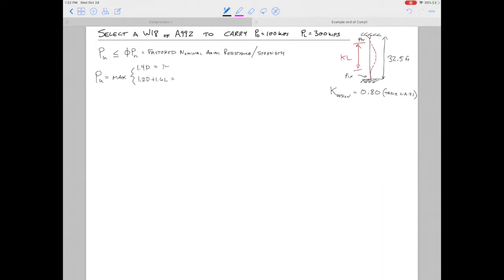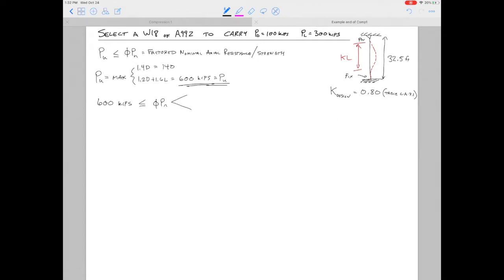So we have 140 kips and we have 600 kips. If you plug those in, you'll find that that's the case. So this is our P_u, this is our ultimate load. So when we plug back in here, we've got 600 kips less than or equal to phi Pn.